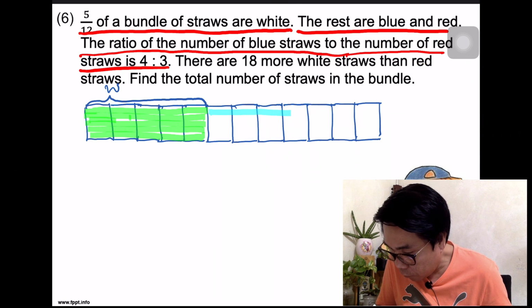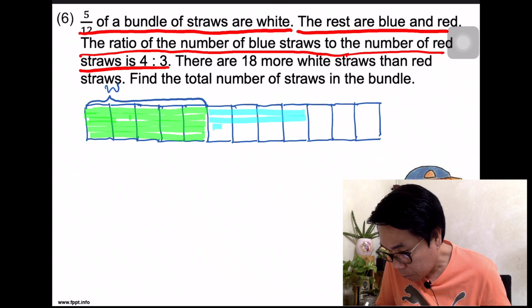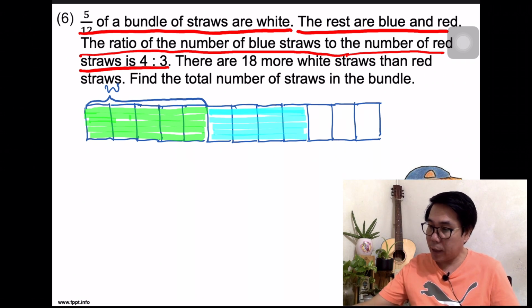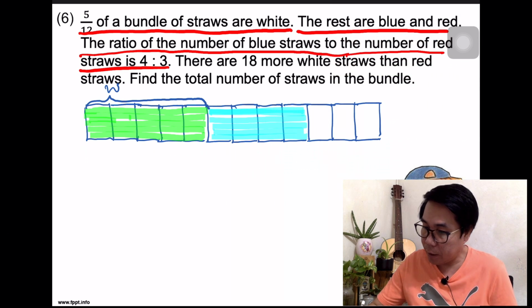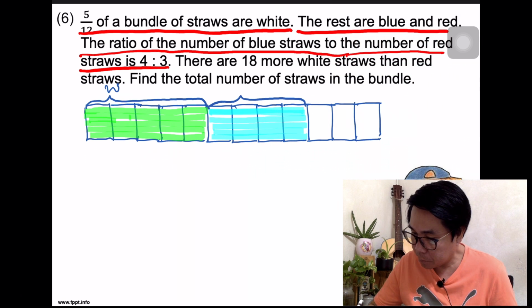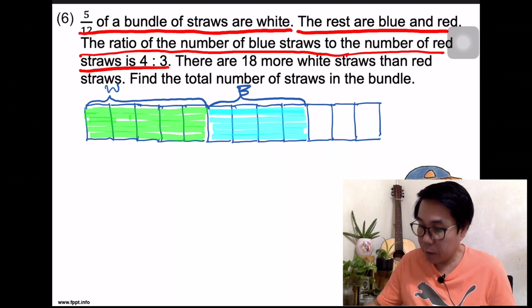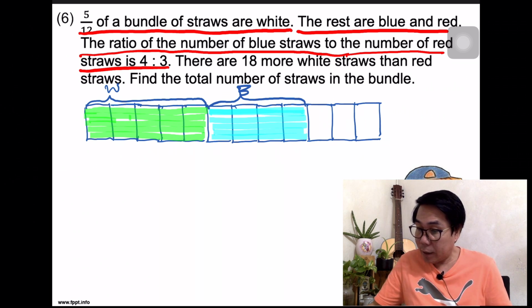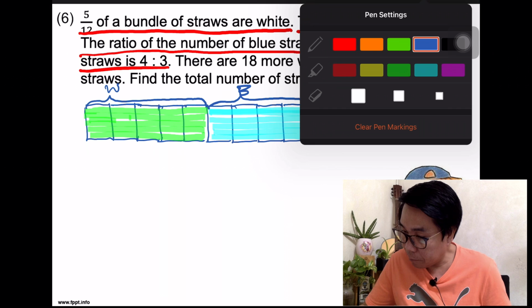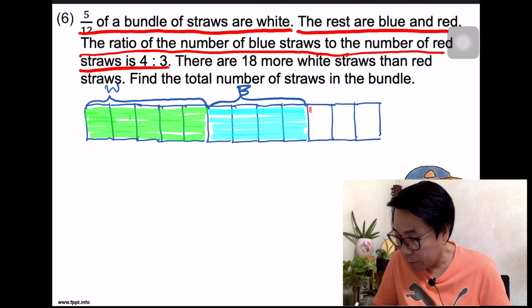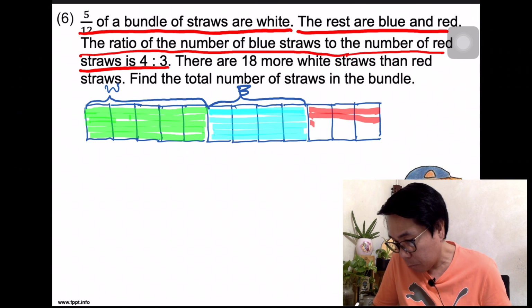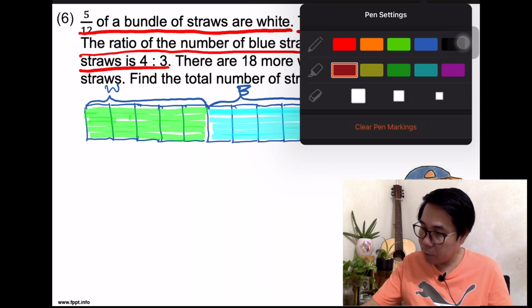I'll use this one, 4, and this one is for the blue. And then 3 for the red. Color it, this one is red.